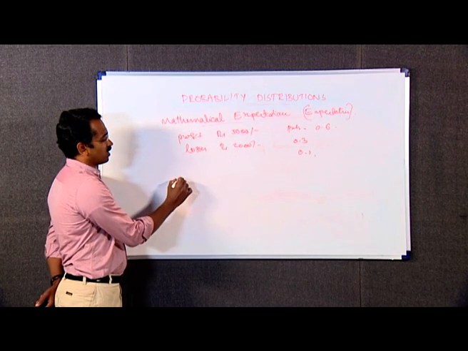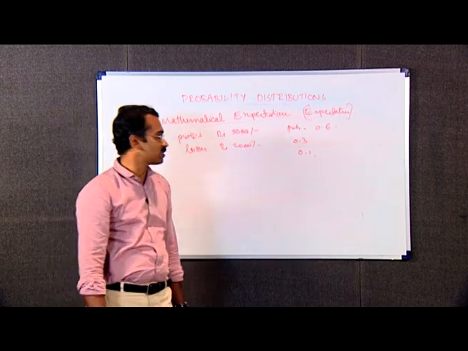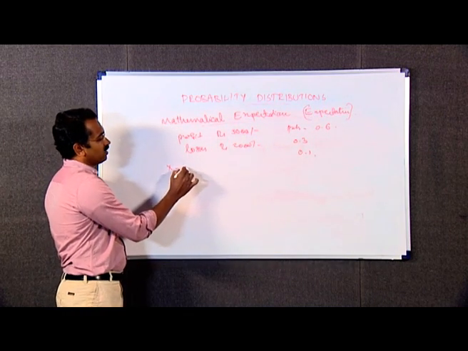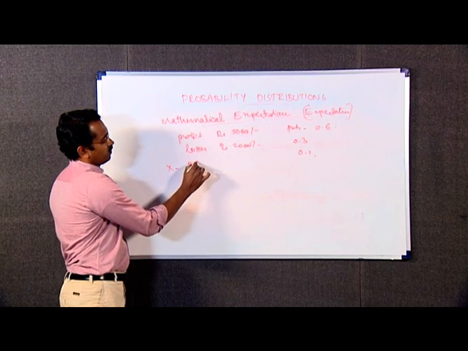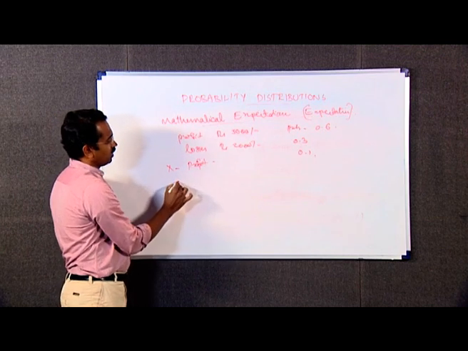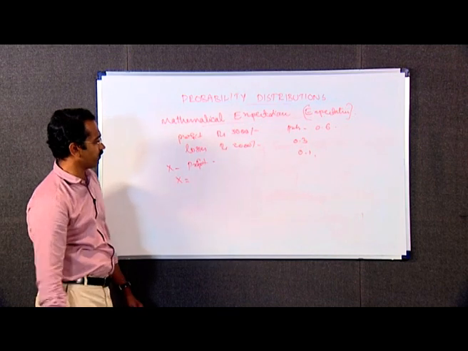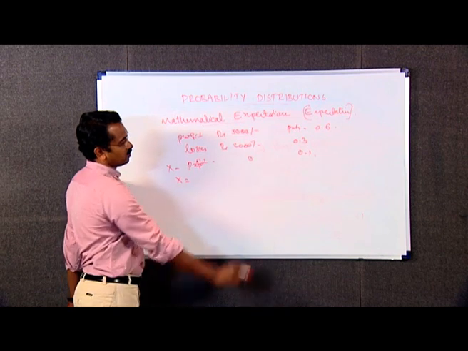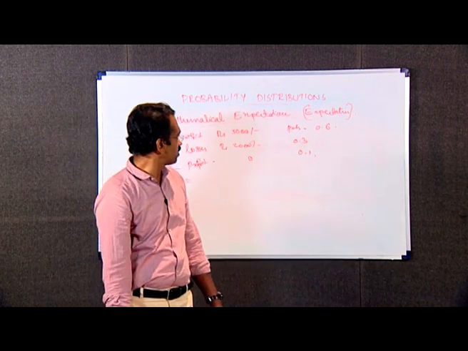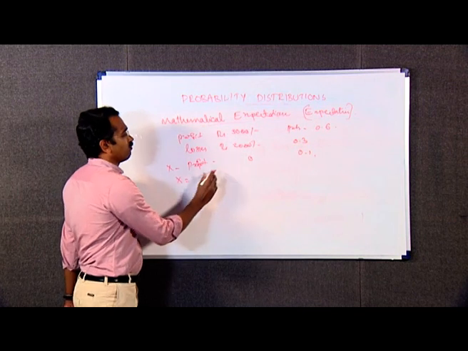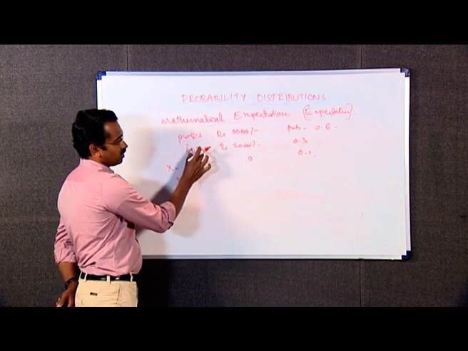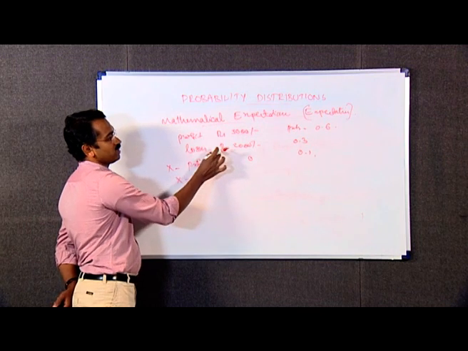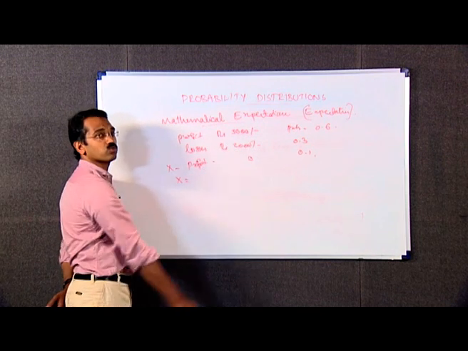is given by the expectation of x, where x can be taken as the profit. Then the values of x are 3,000, 2,000 and 0. Neither a profit nor a loss means we take the value of x as 0. Here 2,000 rupees loss means in terms of profit we can write this as minus 2,000.